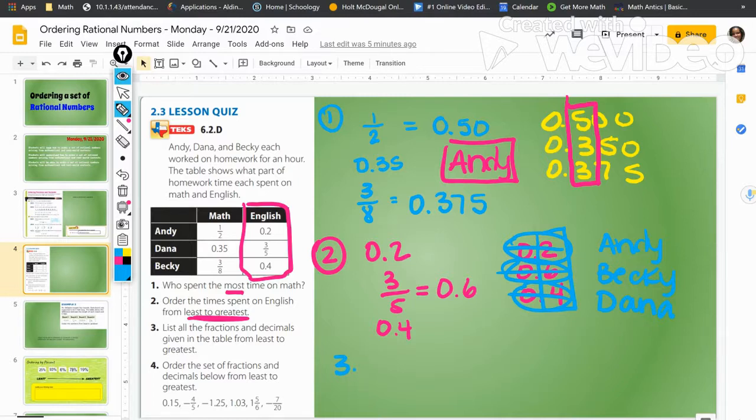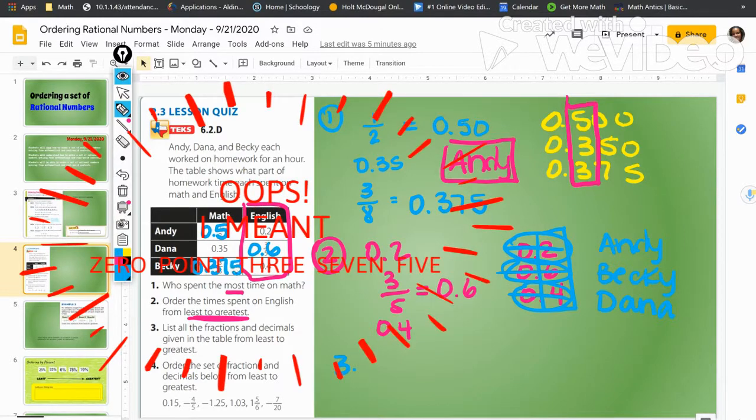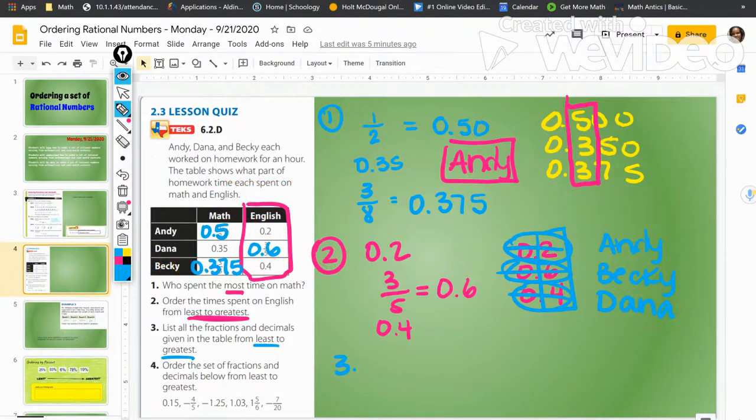Okay? And then let's look at the third one. List all the fractions and decimals given in the table from least to greatest. So I already know that I changed this to half, and this to 0.6, and this is 3.75. So now I need to list these numbers from least to greatest.